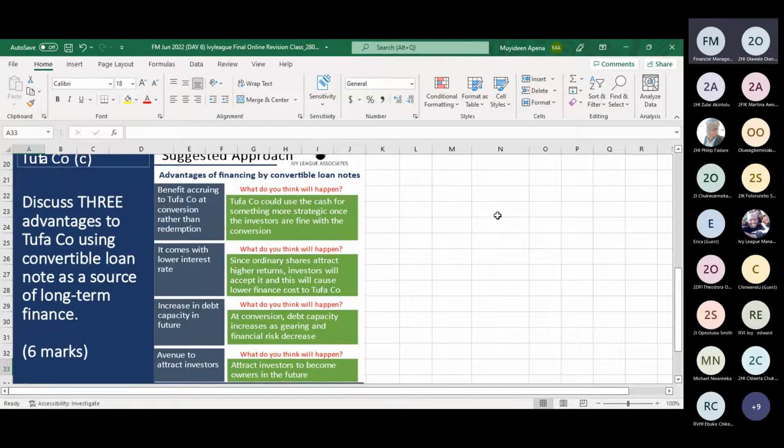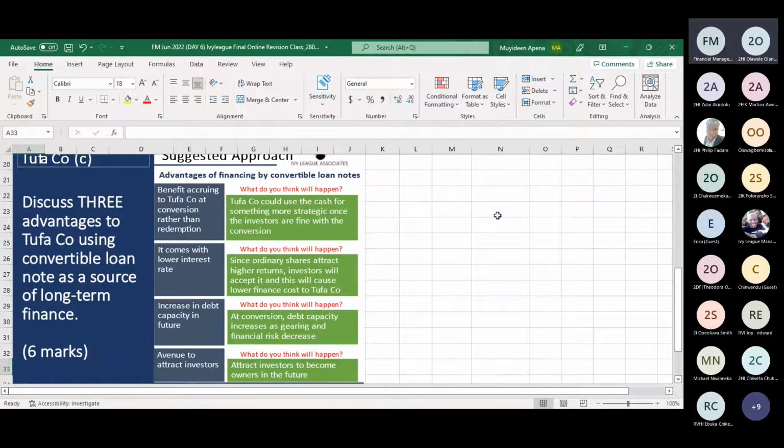The other bit is that it helps increase the debt capacity in future. So the moment the investors convert, that portion of the debt moves to equity. When it moves to equity, what happens? The gearing level comes down. Financial risk comes down, because once the gearing comes down, the financial risk comes down.